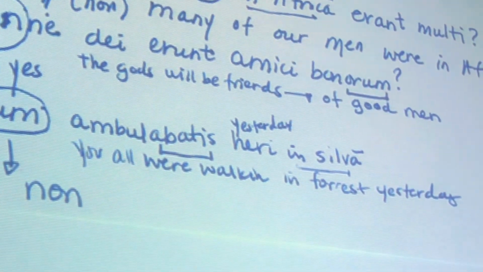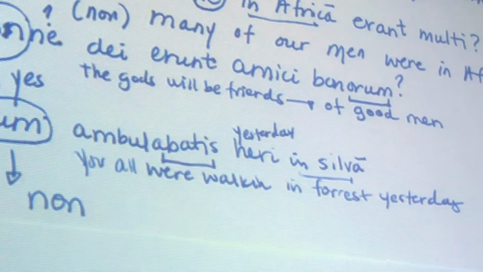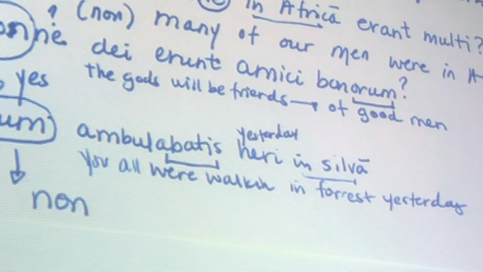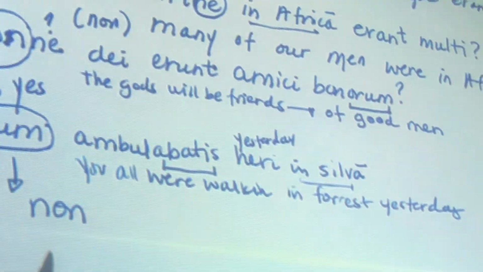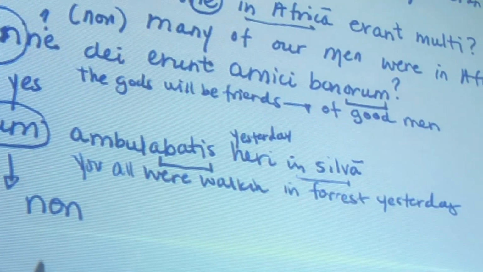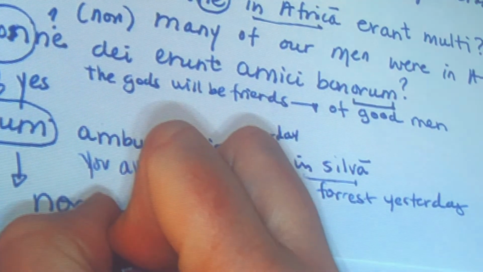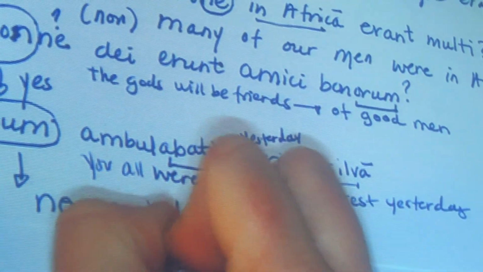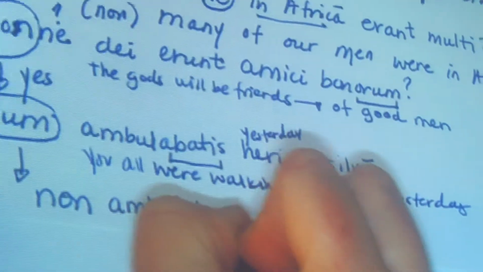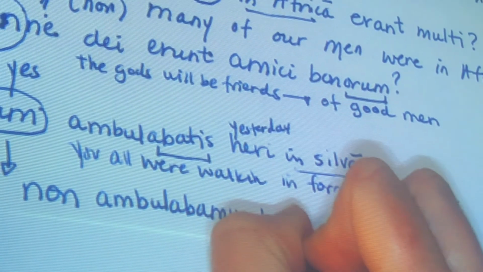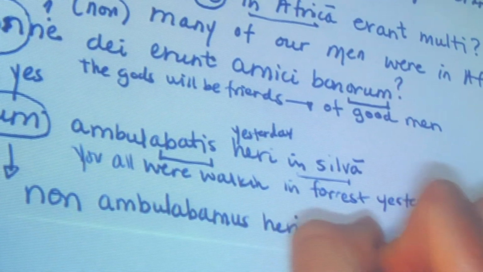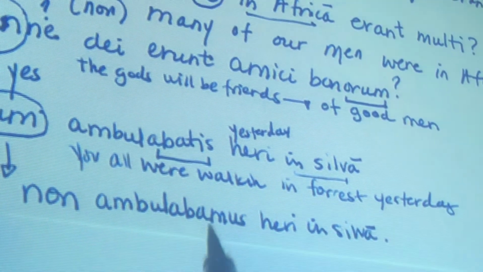You all weren't walking in the forest, right? Do you see how I'm prompting you to say no? You all weren't walking in the forest, right? No, we weren't. Do you see how I had to change the verb?